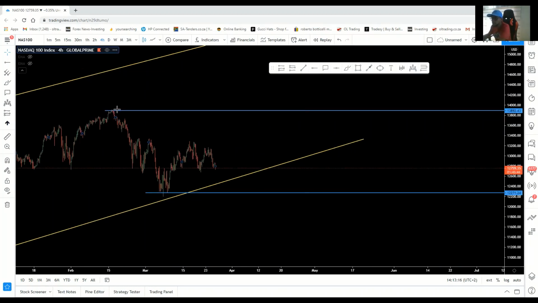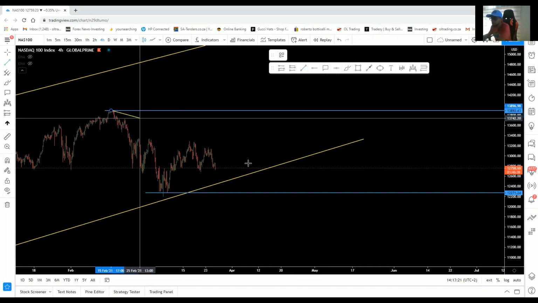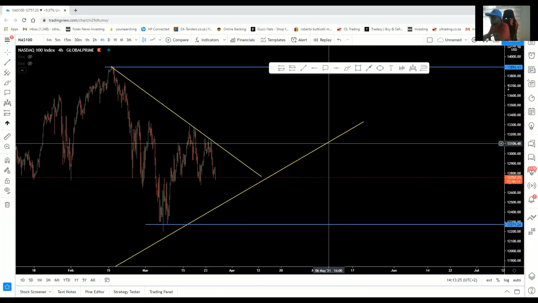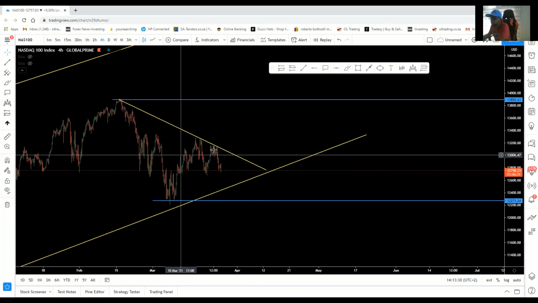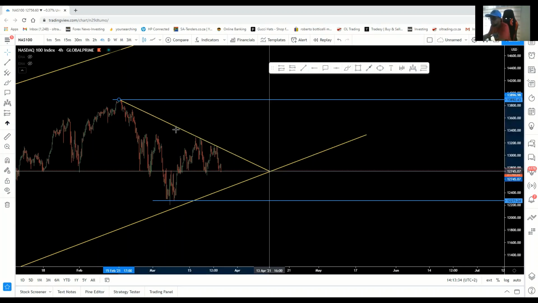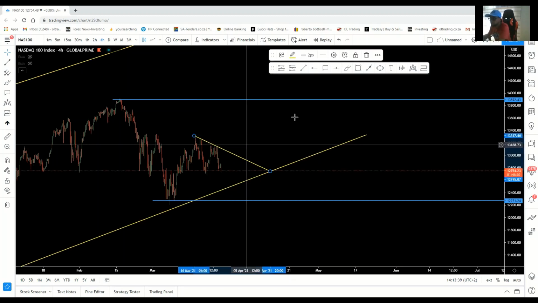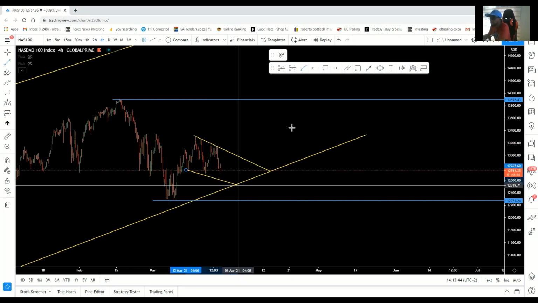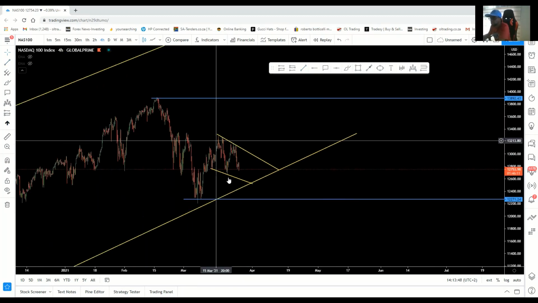We are having a high, double top, hence we are having this. So basically, once you see this, you can draw this type of pattern, and then we are having this, which I see as my impulse.